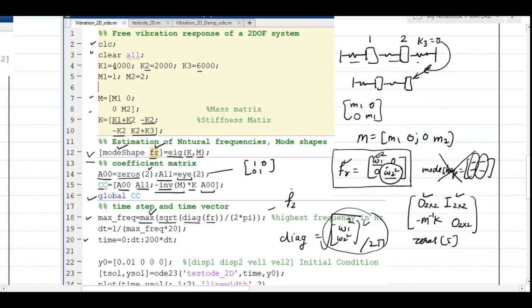Then, using this natural frequency, I take the inverse of this frequency, which gives me the time period, multiplied by the value 20. So this is my time step. Then I am creating a time vector which goes up to 200 time steps. Ultimately I am considering 200 plus 1, that is corresponding to the 0 data point in the time vector.